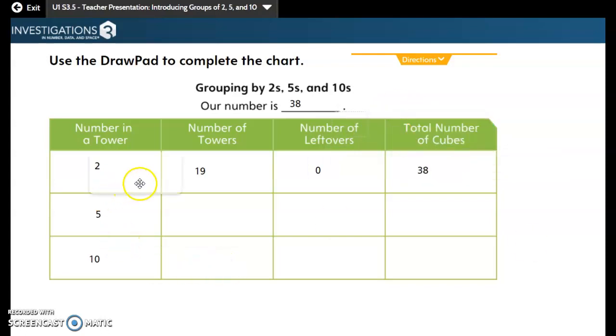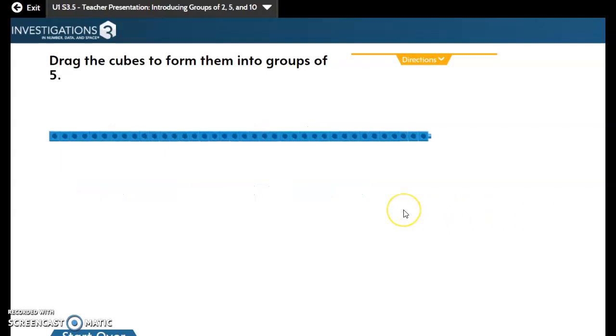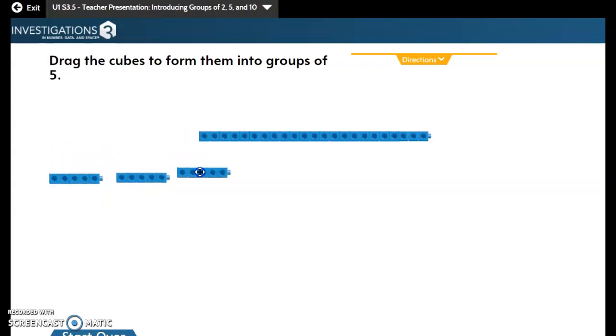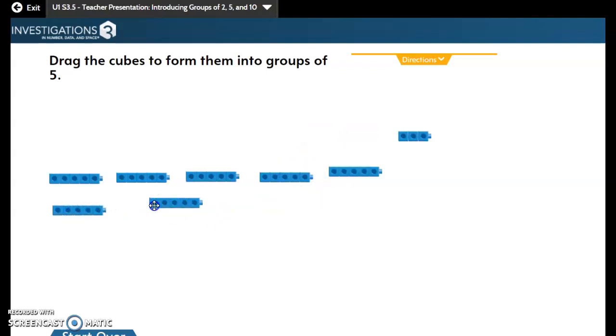Now that we have completed that with groups of 2, we're going to move on to groups of 5. We're going to do the same thing with 38 cubes, but this time we're going to put them in groups of 5. I'm going to start putting them into groups, again trying to stay as neat as possible to be better organized.